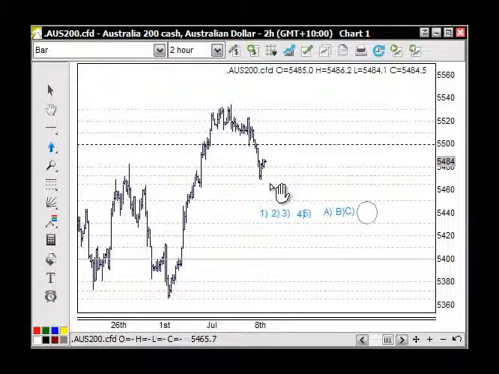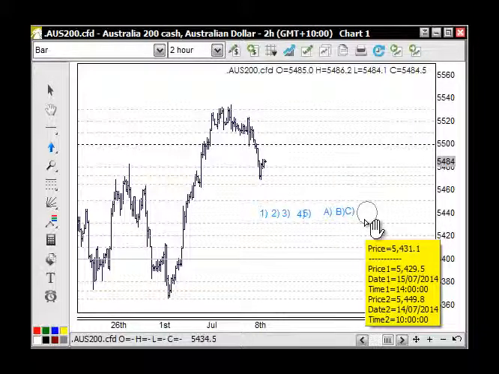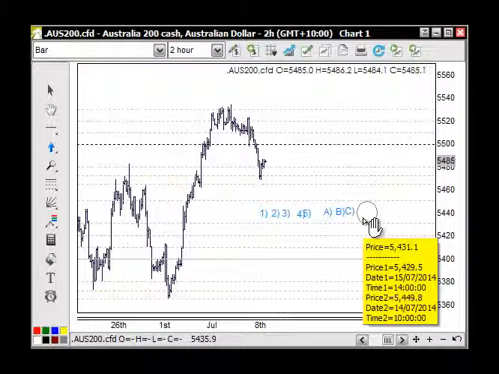Still got a little bit more to come here for the third wave, the fourth wave, and the fifth wave coming down to 54.50, and then an A and a B and a C wave trying to retest the 5,500 here, and then another 5 waves down to this area through here. So that's pretty much the basic pattern of it.